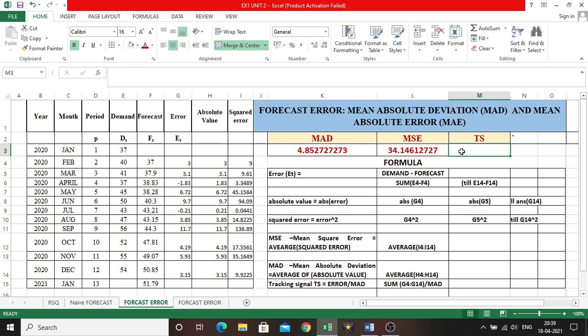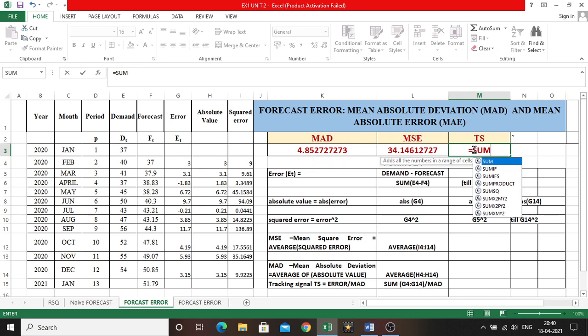Now this tracking signal, TS means tracking signal. Tracking signal can be calculated by dividing the error value through mean absolute deviation, that is error by MAD. So type equal to then sum of error values lying between column G4 to G14 divided by mean absolute deviation.